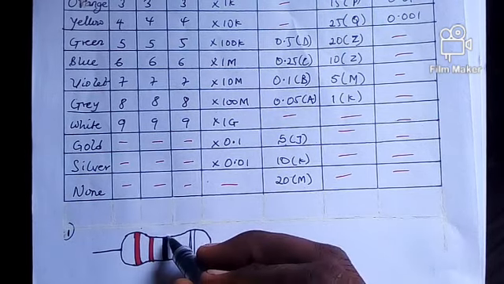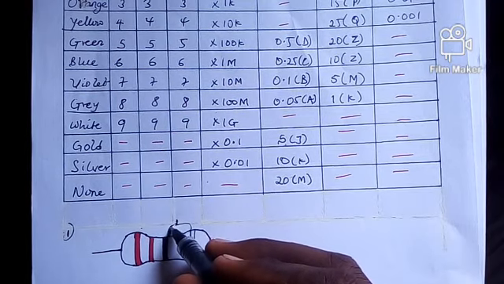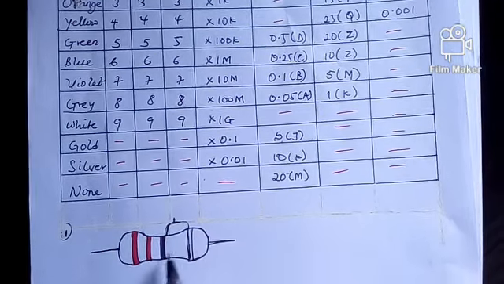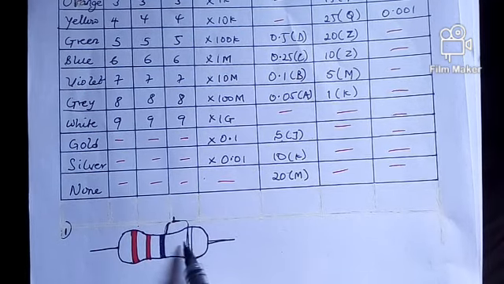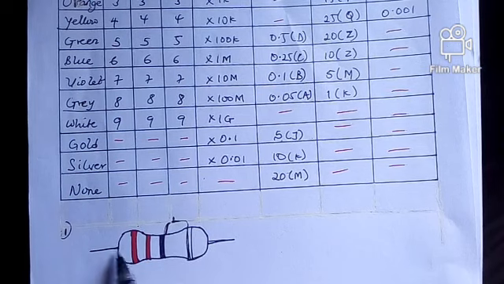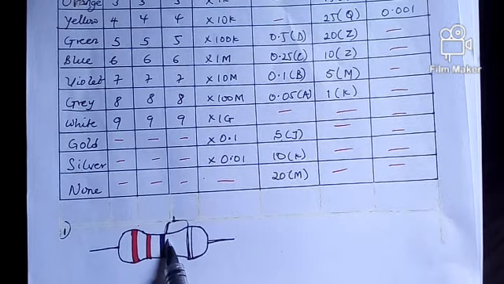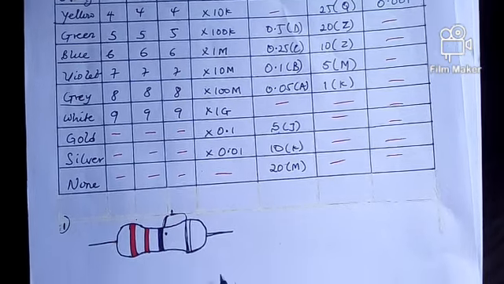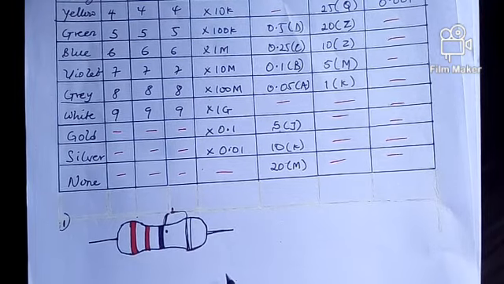Always notice this gap here. The gap tells you where to begin and where to end. If the gap is in between here and here, you should know this is the end, and the rest from here to here is the beginning of your counting, and that is very important. So notice the gap is always available in practically every standard resistor.